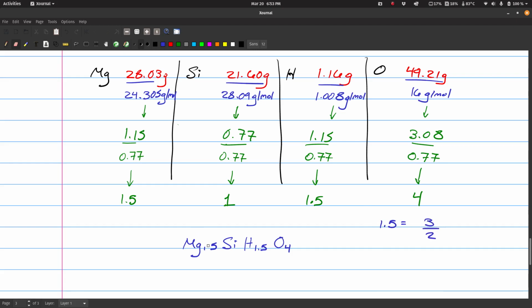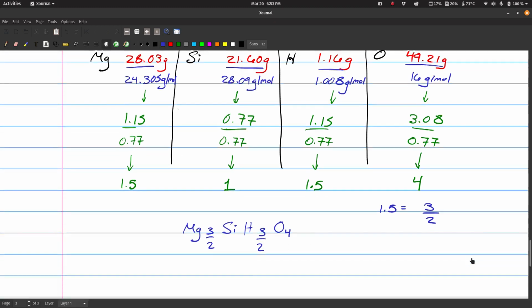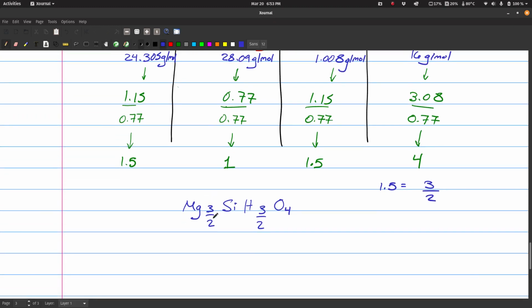I always like writing these as fractions just because it's easier to see what you have to do to get rid of that partial number. So looking at this, remember, if I just multiply all of this by the denominator, I'm going to get rid of it. So this cancels out these.